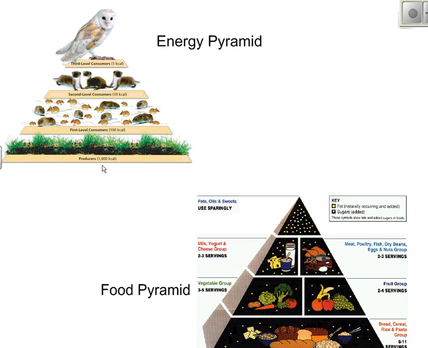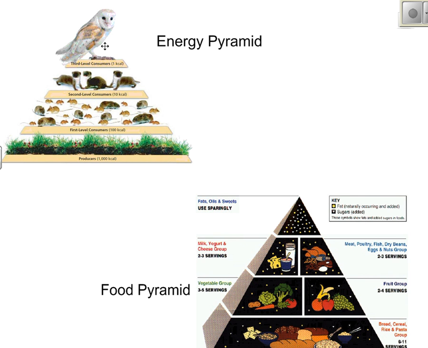You can also see the energy. So 1,000 kilocalories is how much energy the producer would have. But whenever the first level consumer would eat the producer, they would only have 100 kilocalories. So it decreased, and only 10% got passed. So when the second level consumers eat a first level consumer, it's only getting 10 kilocalories from that little mouse.